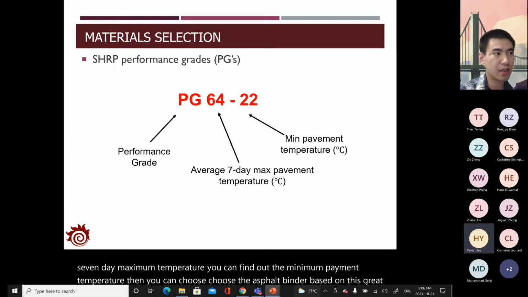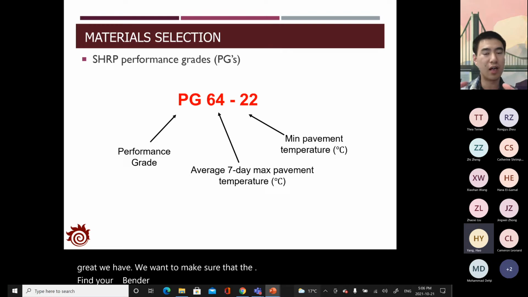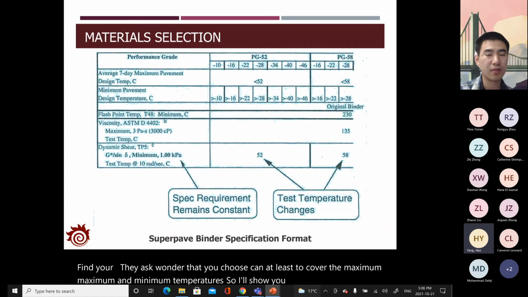We want to make sure that the asphalt binder you choose can at least cover the maximum and minimum temperatures. I will show you more details about how to do that.